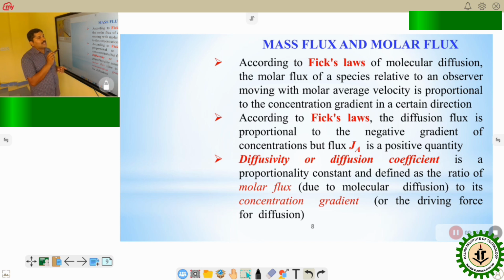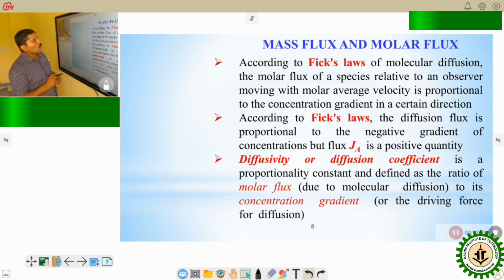Now, here we are saying Fick's law, the molecular diffusion, the molar flux of a species. We can define the flux in three different frames of reference mainly. One is the static mode, another is where your observer is moving with mass average velocity, and the third where the observer is moving with molar average velocity. In these three particular cases, we can find out the flux.